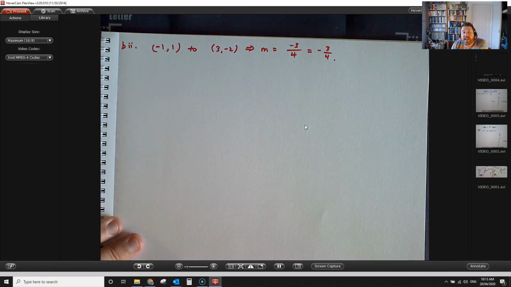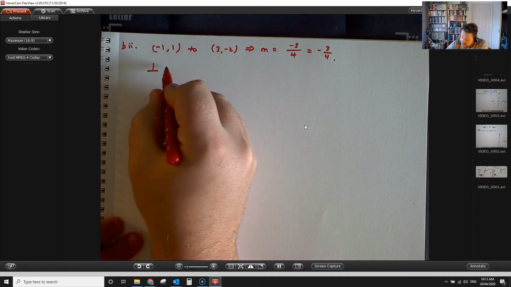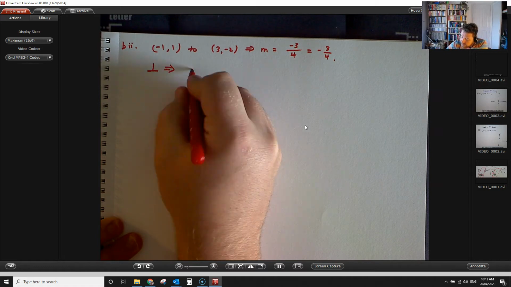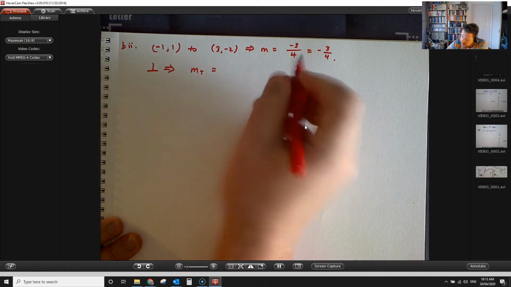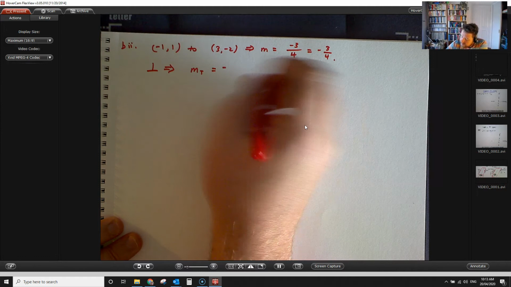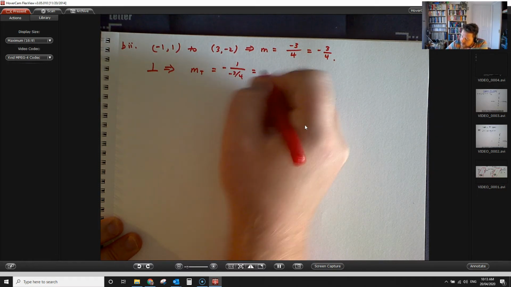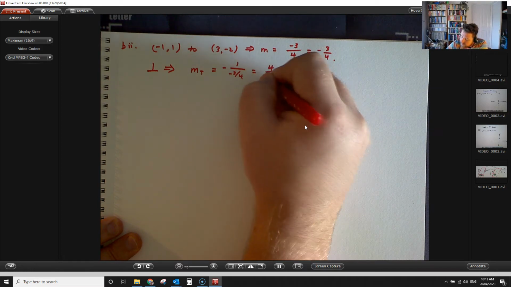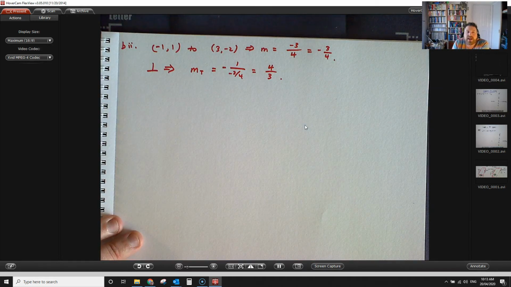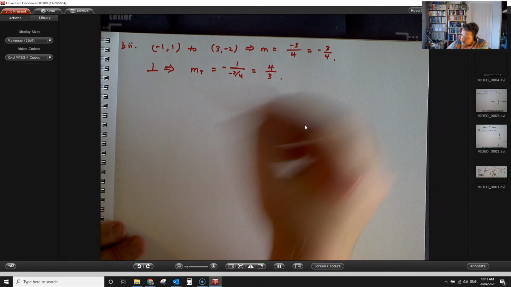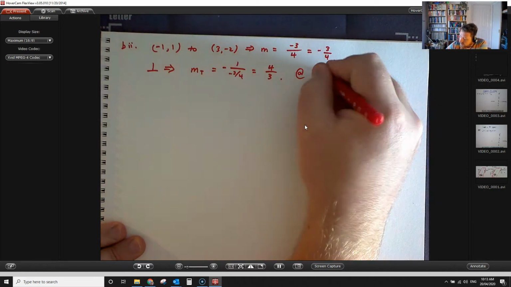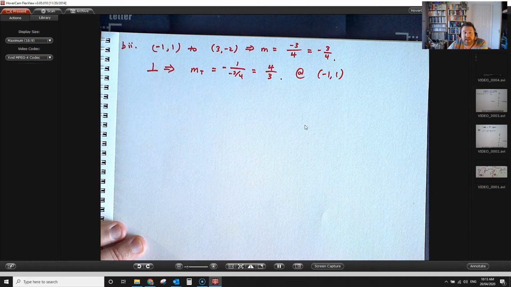We want the tangent, which is at right angles to that. So right angles leads to m for our tangent equals -1 over -3/4. So that's 4/3. Okay, so we're going to have a gradient of 4/3 at a point -1, 1.